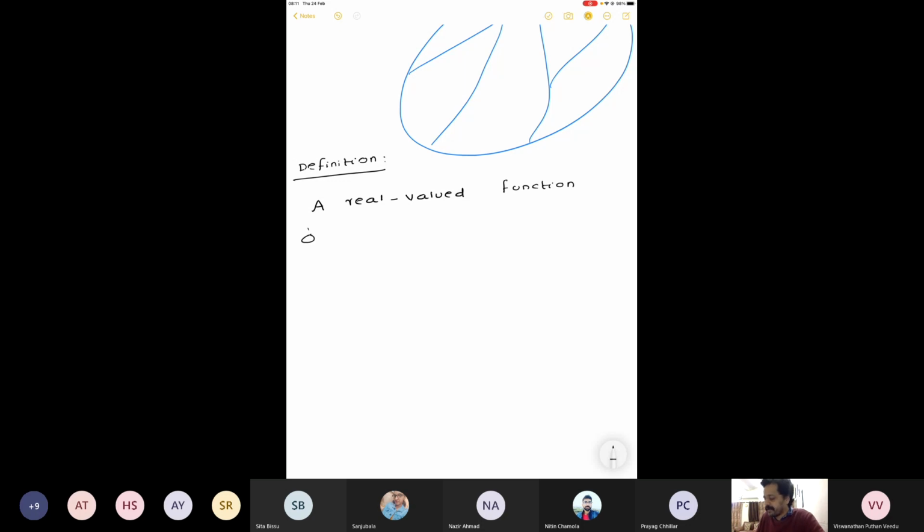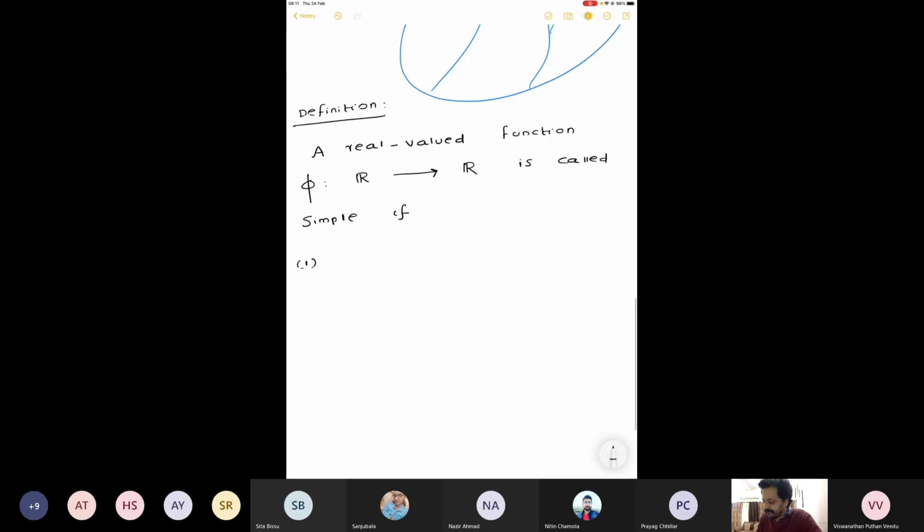And also, I will assume the domain to be R. A real valued function phi from R to R is called simple if, one, I will assume that the function is measurable, because anyway measurability is going to be the crucial property that we need for the integration at a later stage.